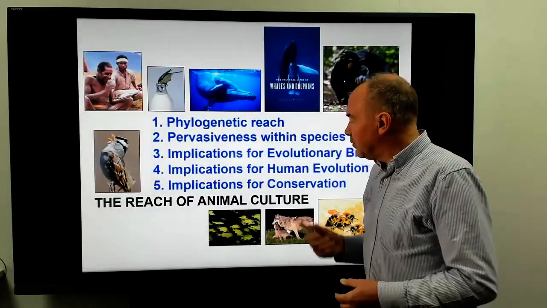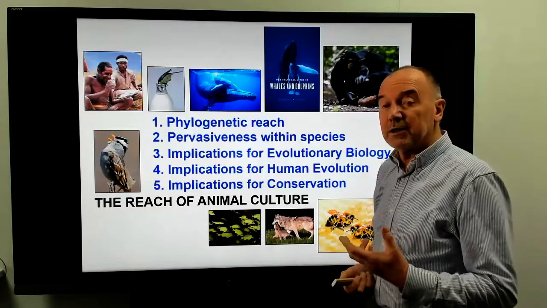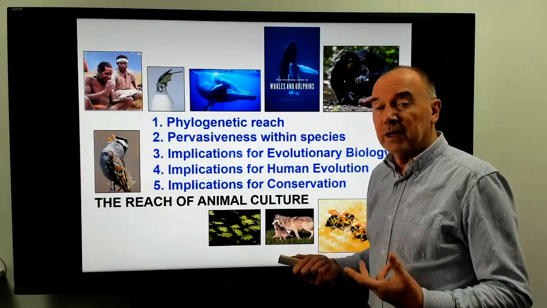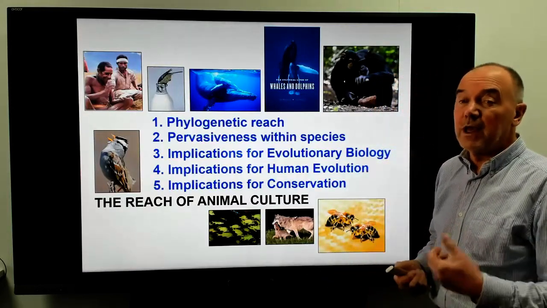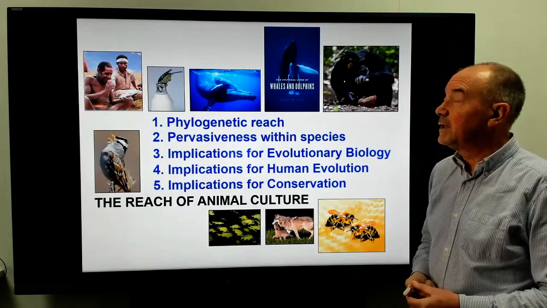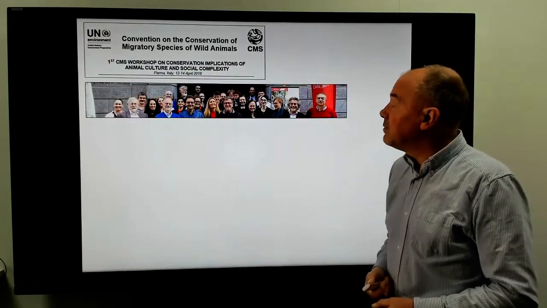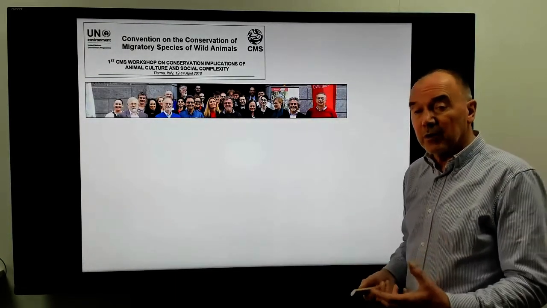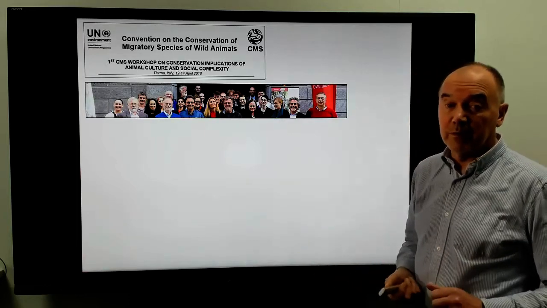Fifthly and finally, what about the implications for conservation? This is something that's been recognised only relatively recently. Some of us were delighted to be contacted by the United Nations Environment Programme in 2018, because they assembled an expert group in animal culture to explore the implications for conservation that they were starting to suspect might be important.